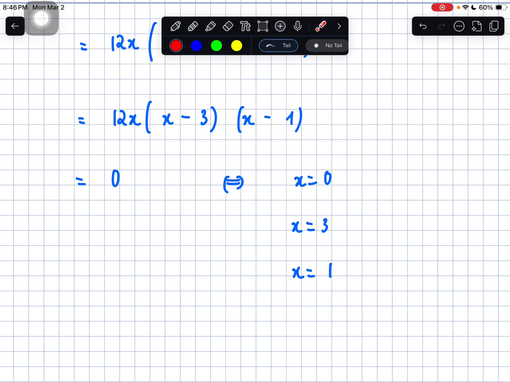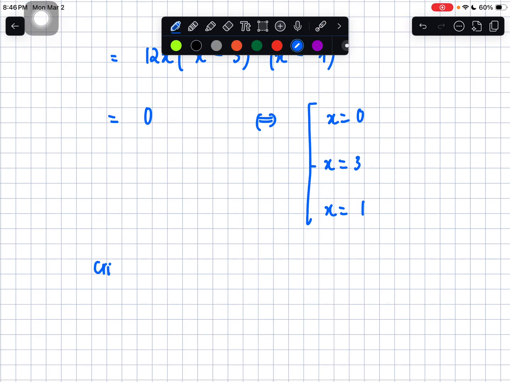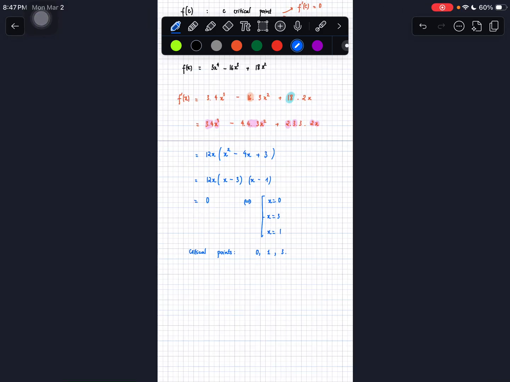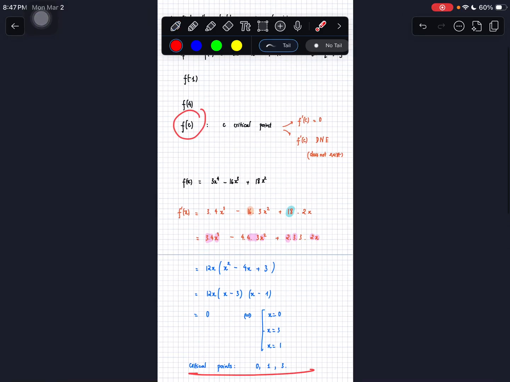So there are 3 possibilities here: 0, 1, 3. So we have 3 critical points: 0, 1, 3.